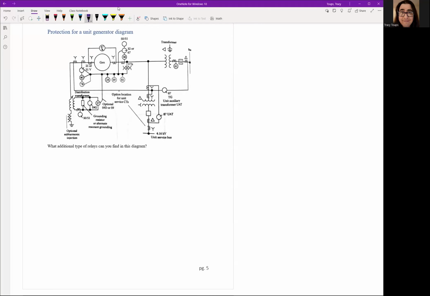We have a 59G, right here, 59G. That is an overvoltage, a ground overvoltage. So that kind of checks the ground circuit.